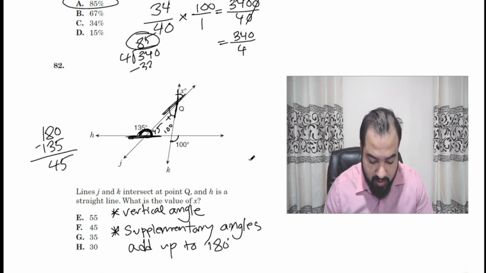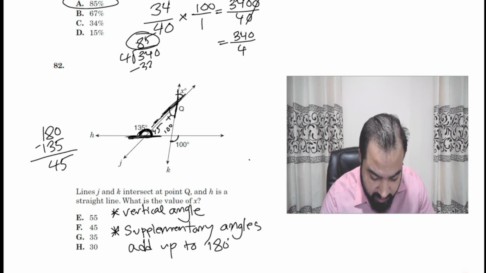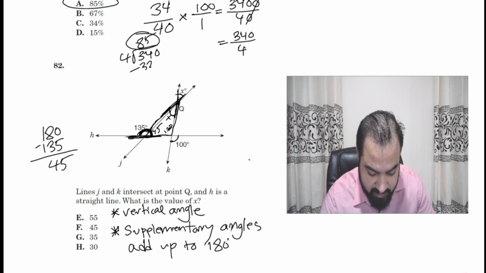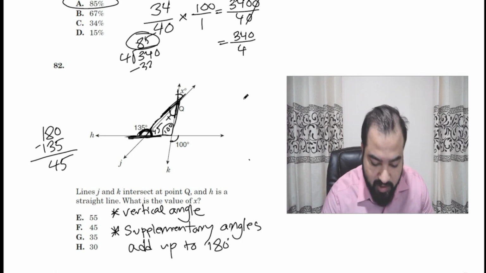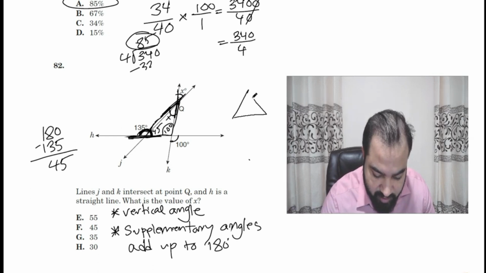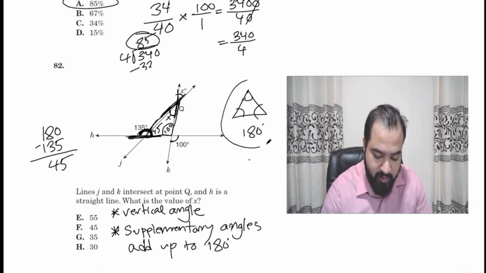Now the third thing you have to know is the sum of the 3 angles of a triangle. You see the triangle here, with angles x, 45, and 100. These 3 angles should add up to 180 degrees. So let me tell you again: if you have a triangle, the 3 angles always add up to 180 degrees. That's the rule.